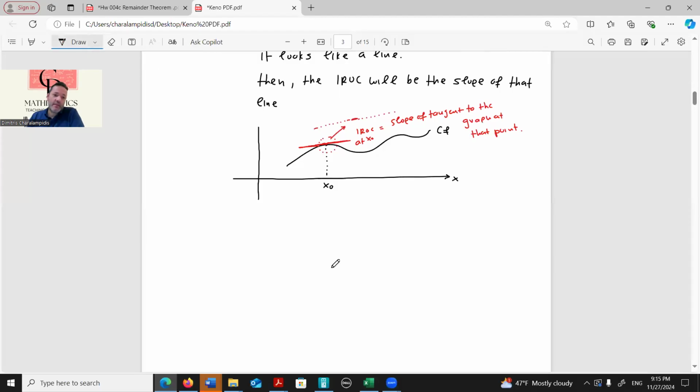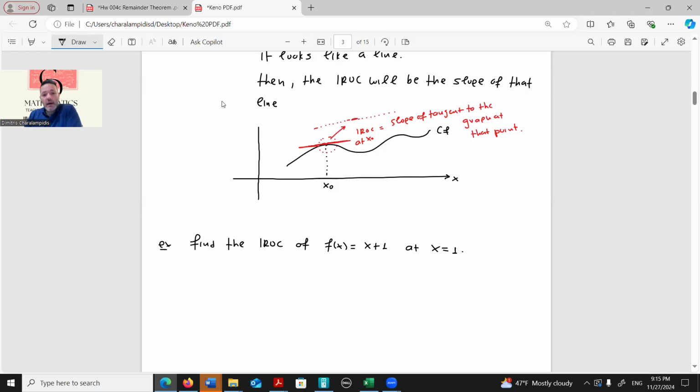Let's say that we want to find the instantaneous rate of change of f of x equals x plus 1 at x equals 1. Since we only have a formula for the average rate of change, I should try to approach the instantaneous rate of change by creating an interval so small that it would be thought of as just a single point.